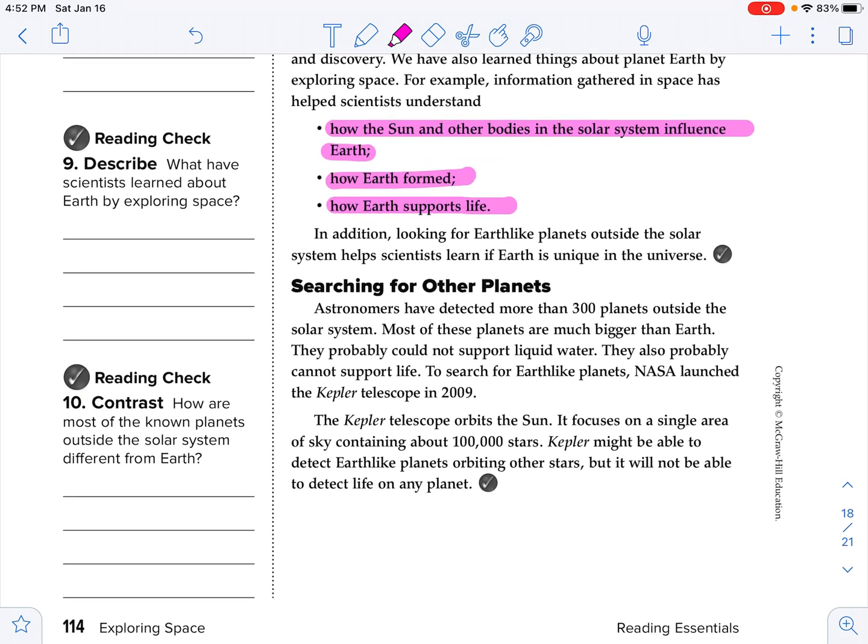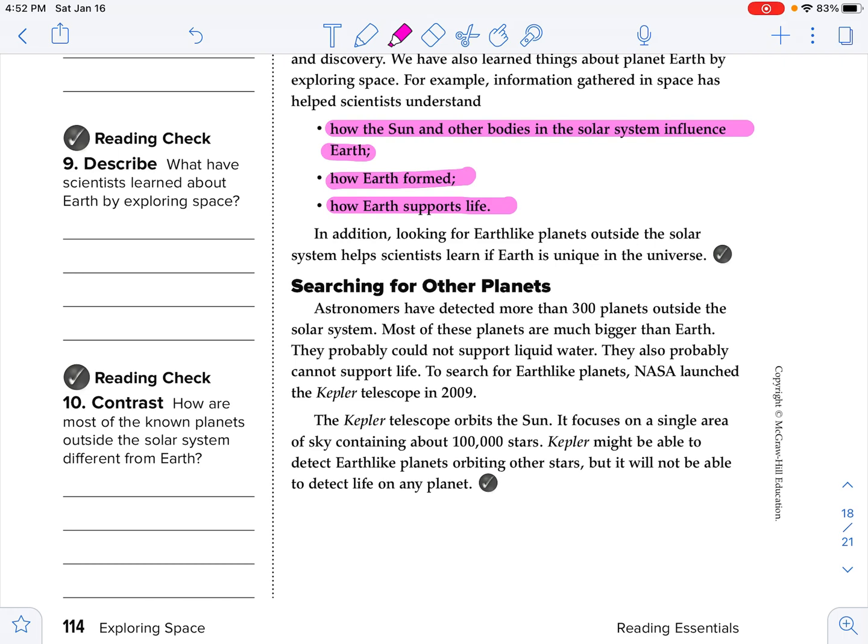Searching for other planets. Astronomers have detected more than 300 planets outside the solar system. Most of those planets are much bigger than Earth. They probably could not support liquid water. They also probably cannot support life. To search for Earth-like planets, NASA launched the Kepler telescope in 2009.